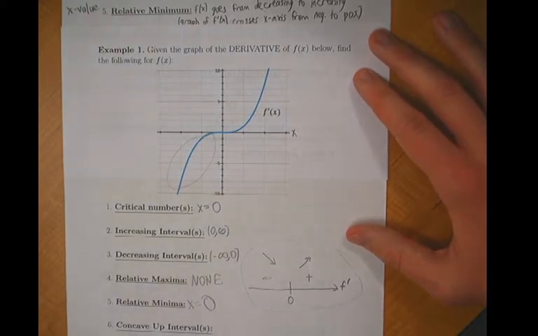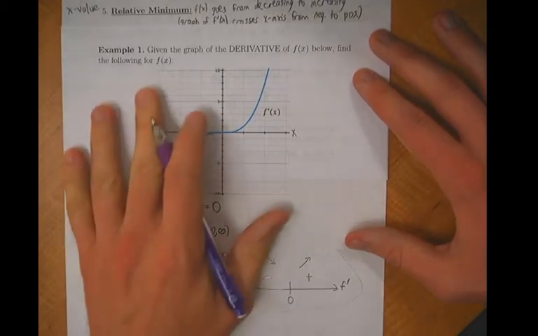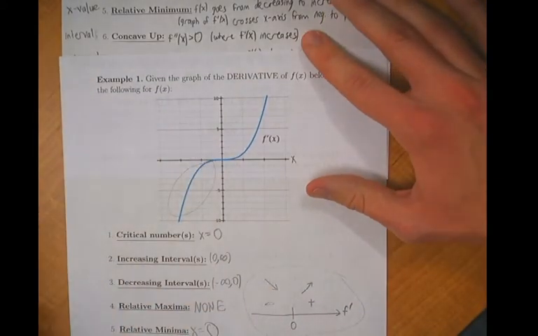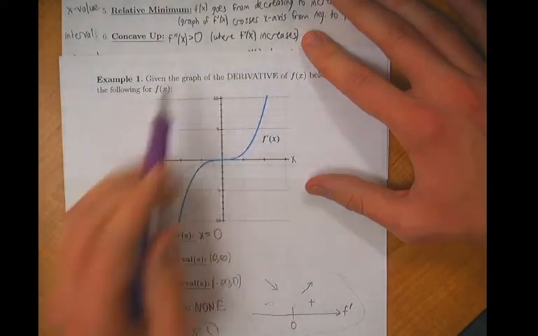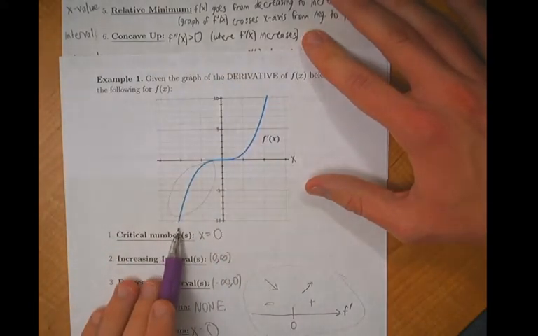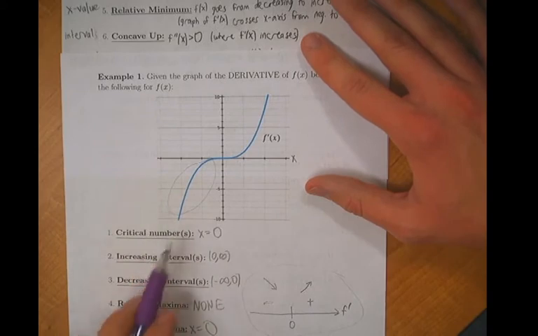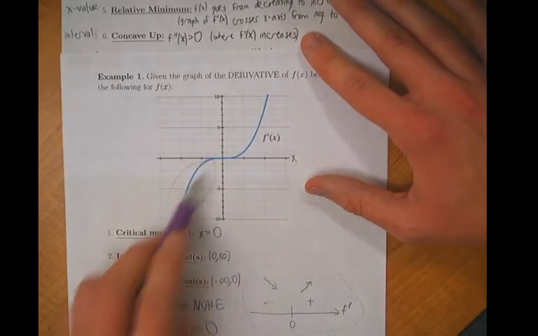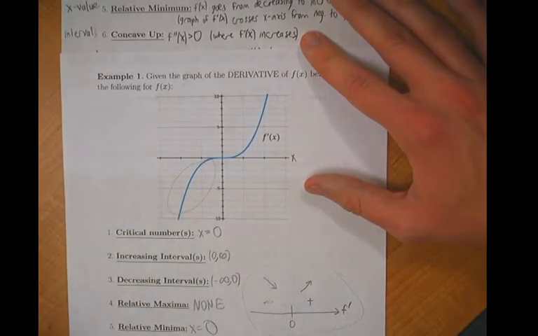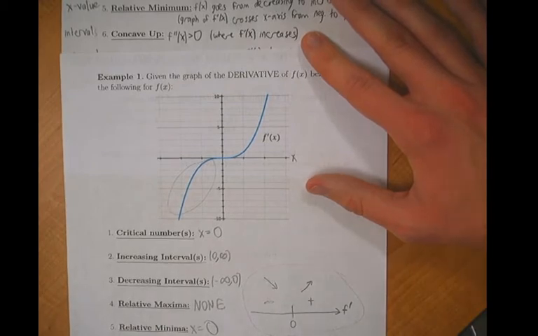Now let's move on to the concavity intervals. For concave up, if you recall, that's where f prime of x is increasing. Assuming this similar behavior holds for all real numbers, the concave up interval or intervals would have to be what?